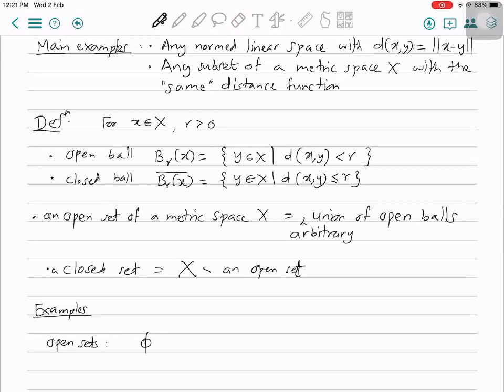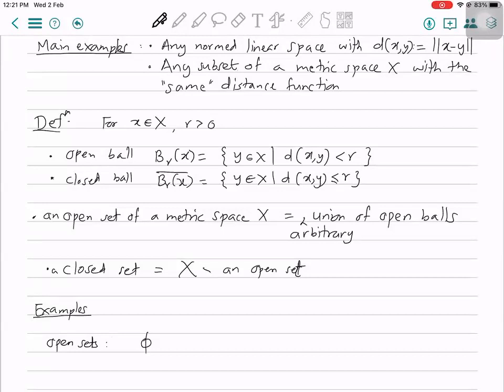Dumb examples. The empty set is open because, remember, I fixed a metric space X, so I know the metric, and an open set is an arbitrary union of open balls. So how is the empty set an open set? I mean, it's dumb, but we will say it once.